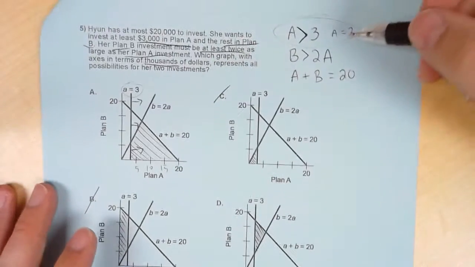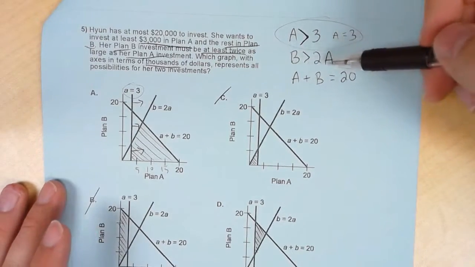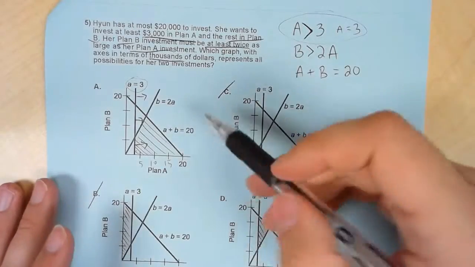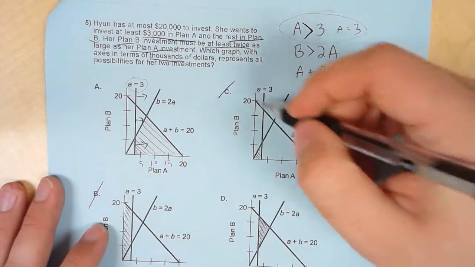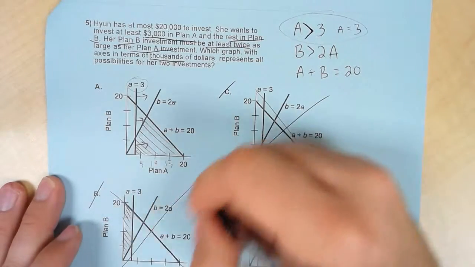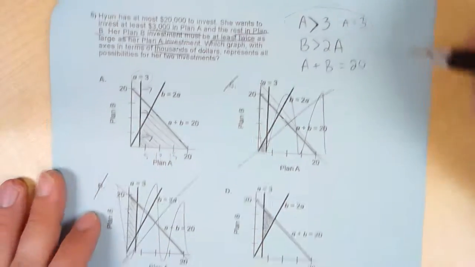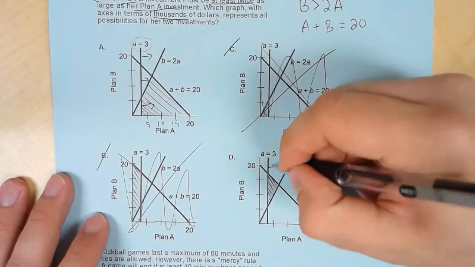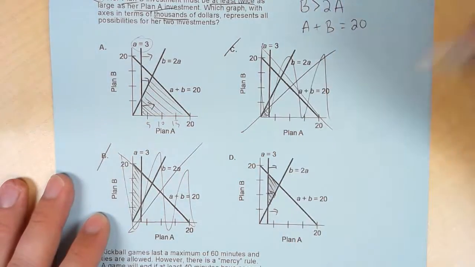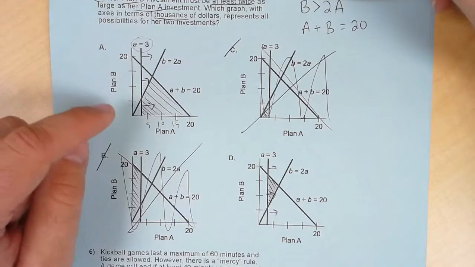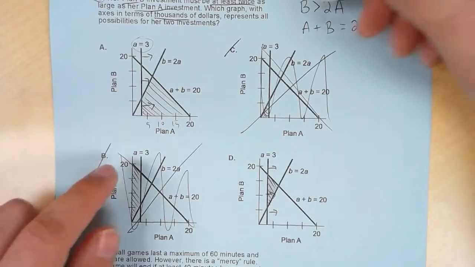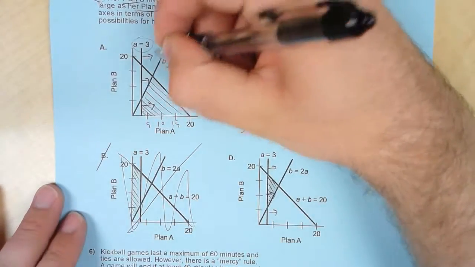Okay, let's look at the next one. B must be greater than 2A. So we're looking for our B equals 2A line, this diagonal going up. We don't need this one at all, so we're going to cross this all the way off. So we're looking for right of this A equals 3, B needs to be bigger. If B is bigger, we need to shade up on the y-axis.